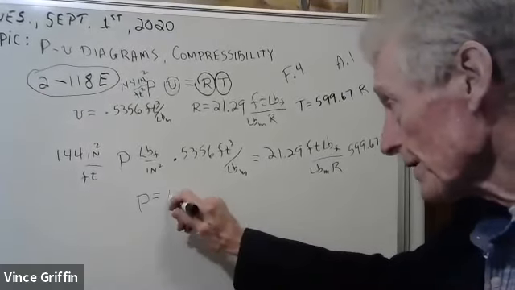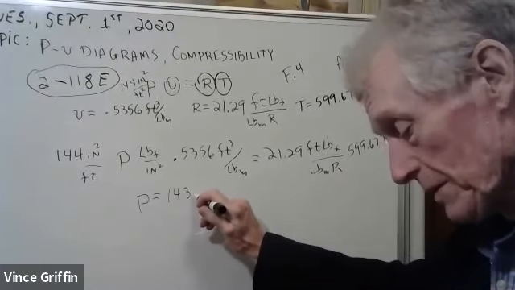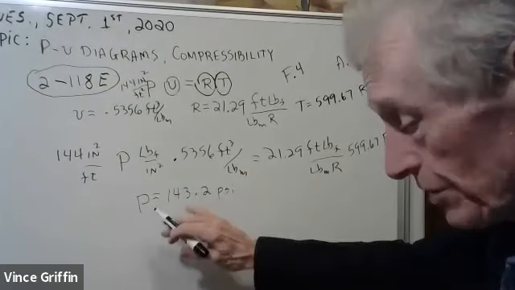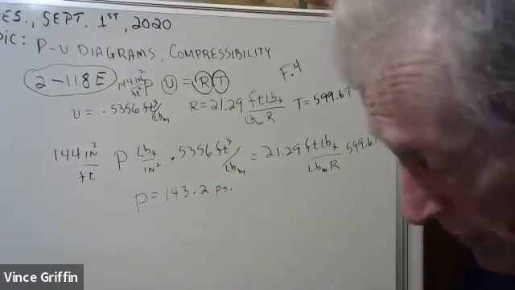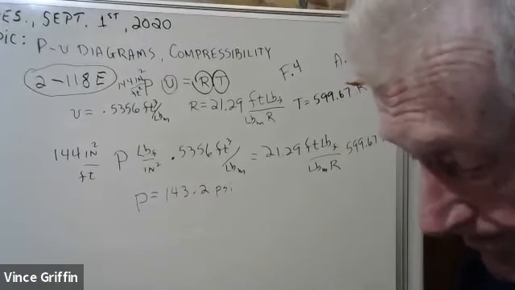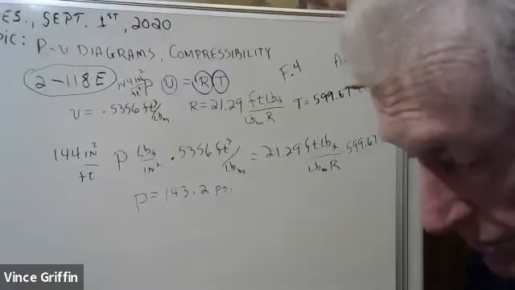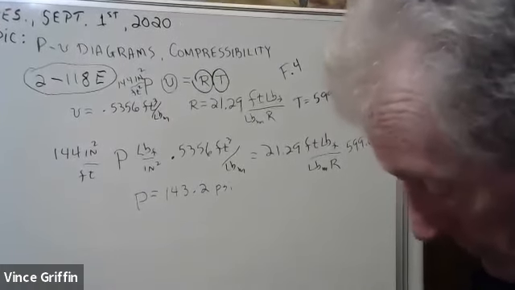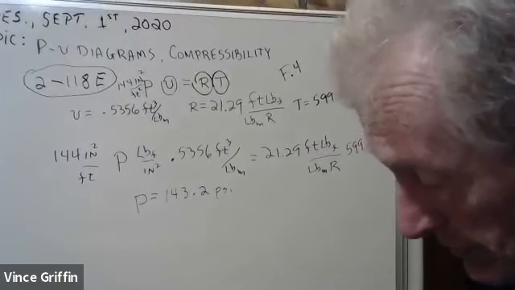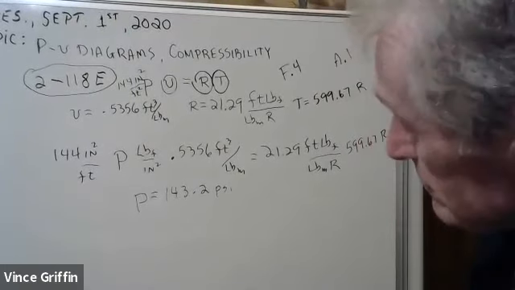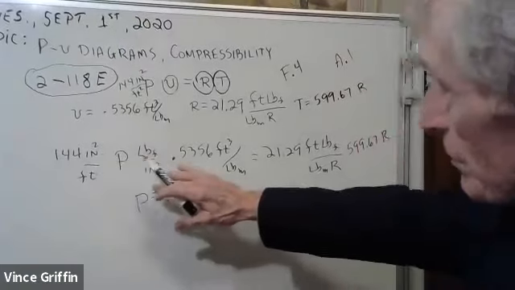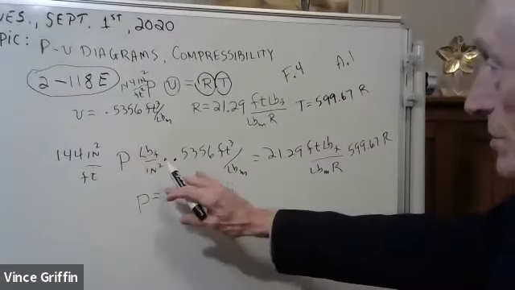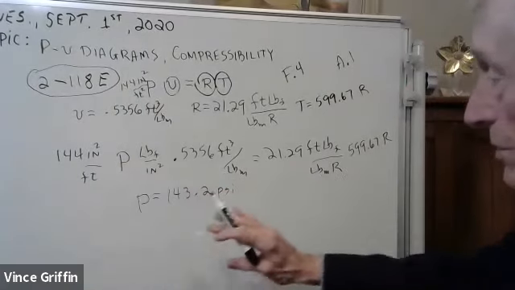I didn't get 150, I got 143.2 PSI. Did anybody get 143 PSI? If you did, say uh-huh. Because I could be wrong. Plug all this in. We're solving for P now. You got all the numbers, just put it in your calculator and tell me what you got.